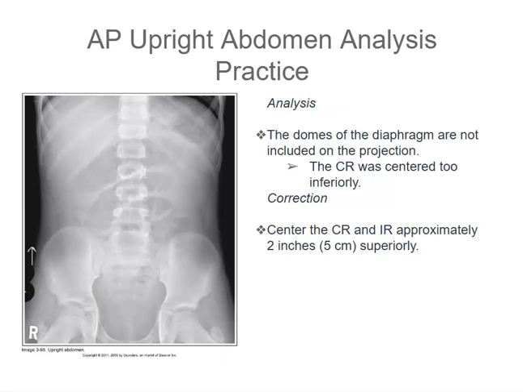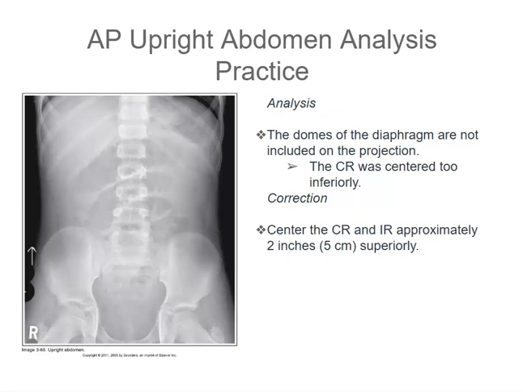So therefore, also look for your marker indicators. And so we have an upright arrow here, which indicates to us that this was an upright projection. Next, we want to look for whether there's any rotation. And so we're going to evaluate the symmetry of the iliac wings.